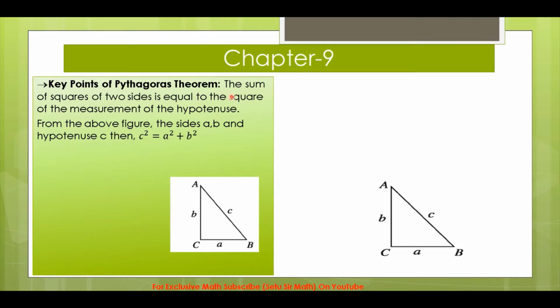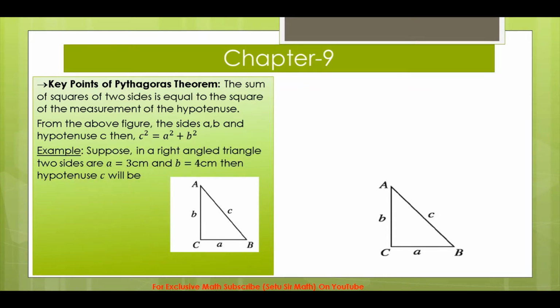The sum of squares of the two sides, that means a square plus b square, is equal to the square of the hypotenuse, that is c square.